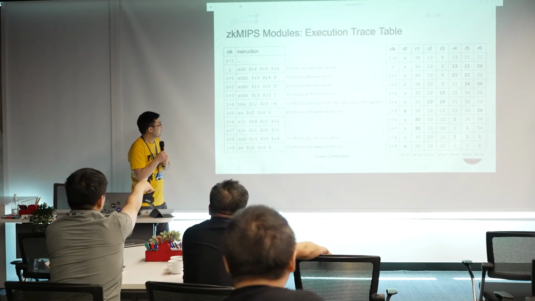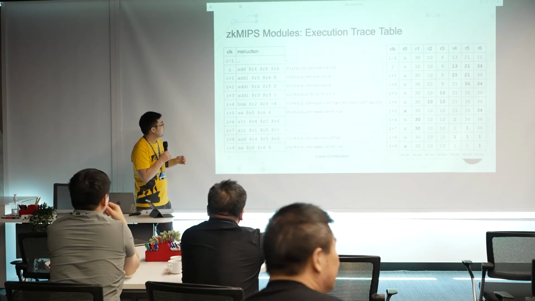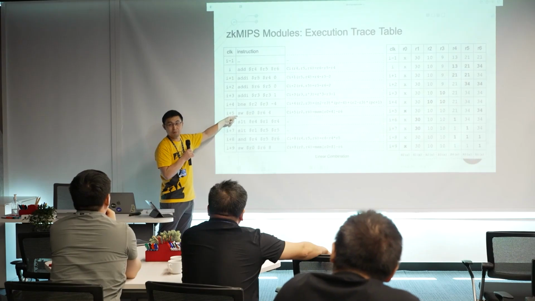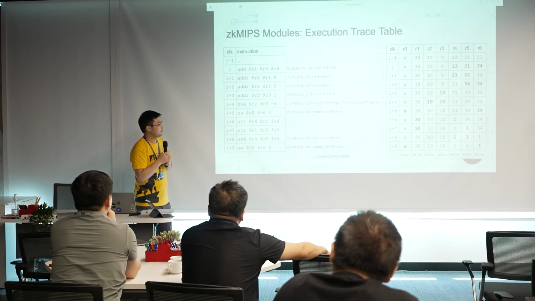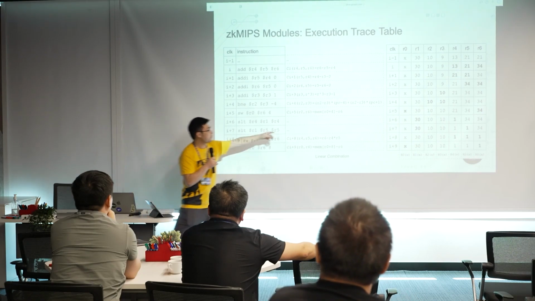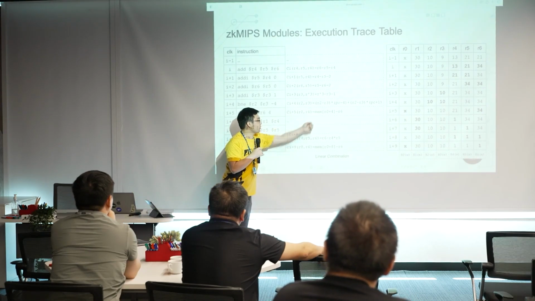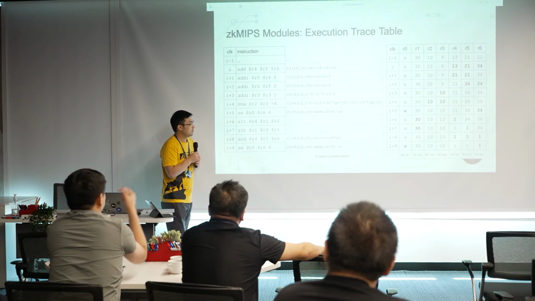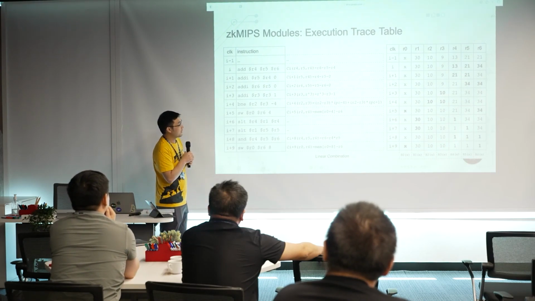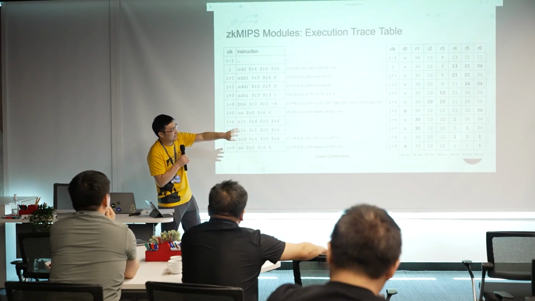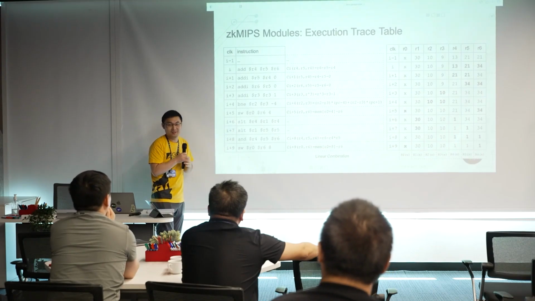Take the SW instruction, which stores words. So we need to save something to memory, but it's not reflected in the column, right? Oh yes, it's not a complete table there.